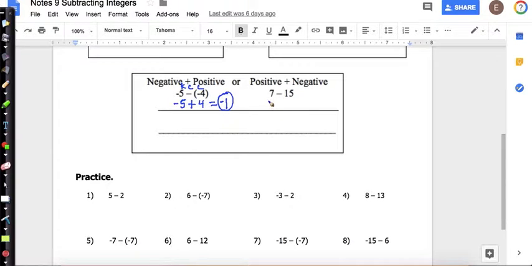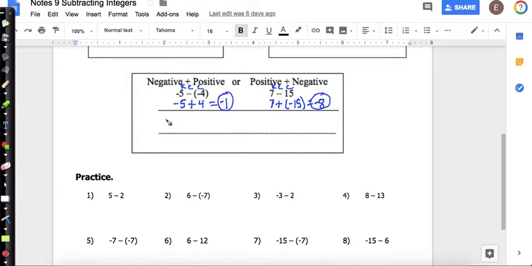7 minus 15. We're going to do KCC. So we're going to keep the 7, change subtraction to addition, and we're going to change 15 to -15. The signs are different, so we're going to subtract. 15 minus 7 is 8, and we're going to make it negative because I have more negatives.